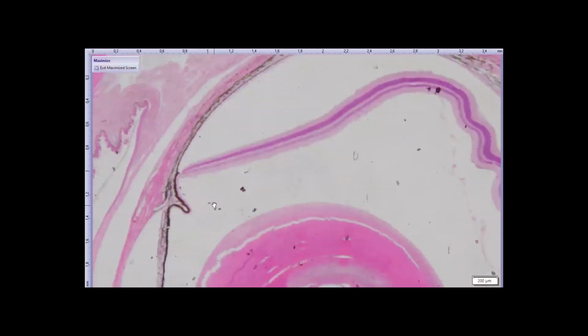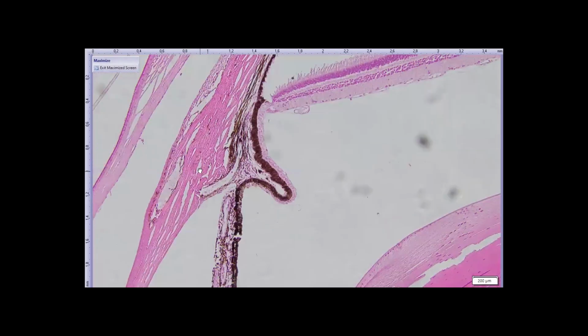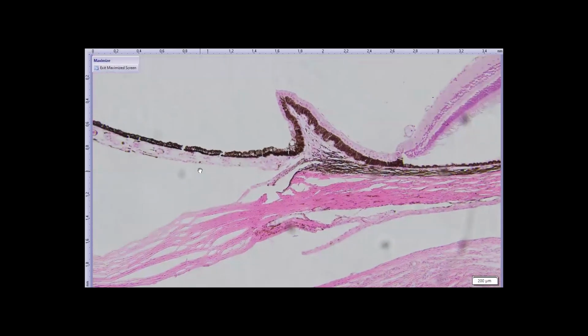But the snake, sorry, do they have a pecten or meshwork? I cannot see from this slide. Snake morphologists will name the structure right here Schlemm's canal.